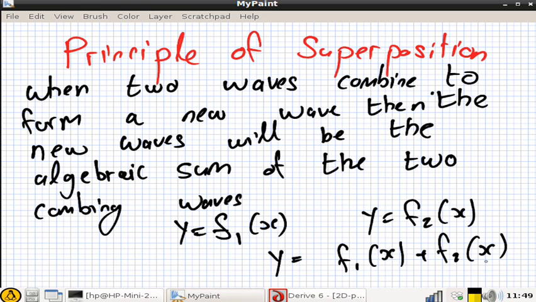Okay, so what's nice here is there actually is a formula that can relate all of these variables together. The speed of the wave, its velocity, is equal to its frequency multiplied by its wavelength. Very, very simple and very, very important formula.